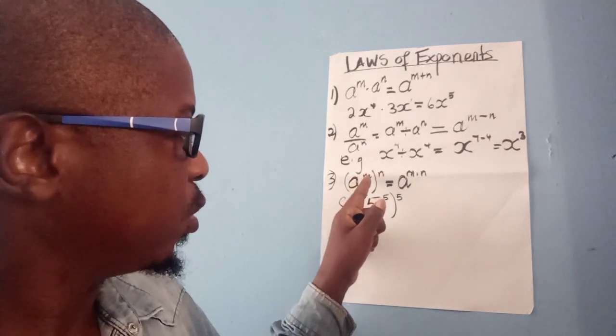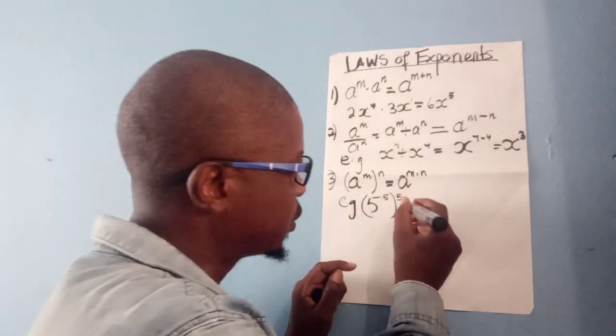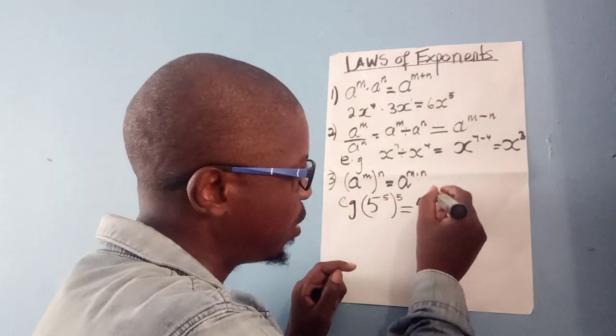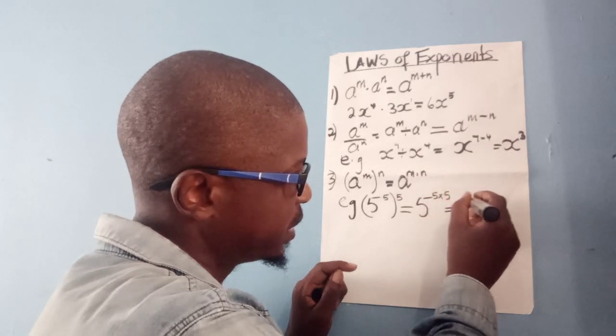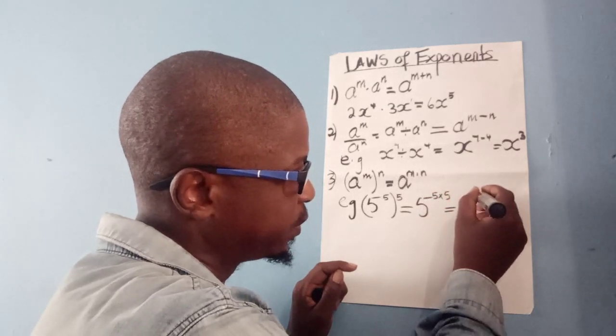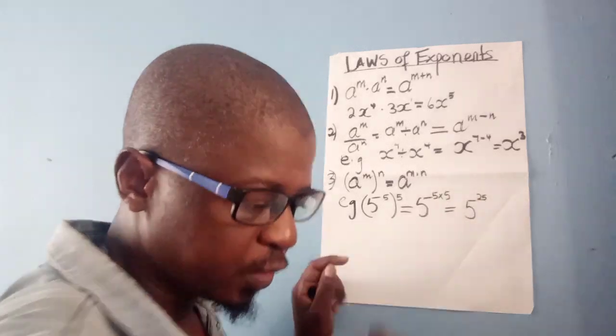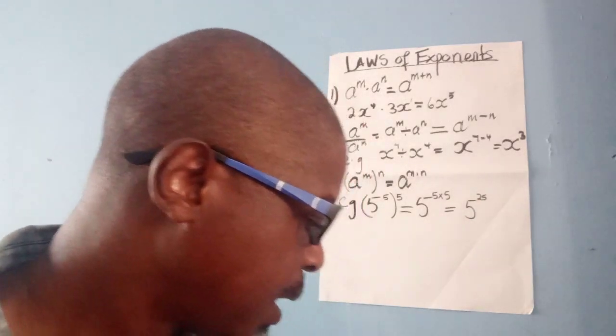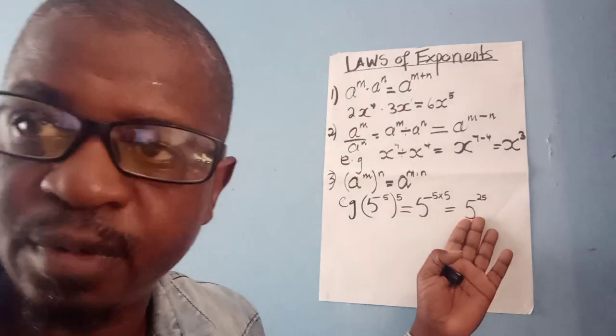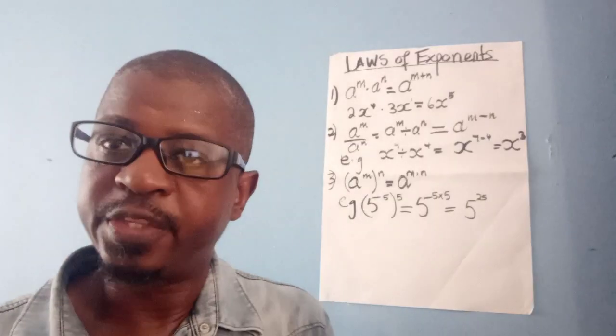So all the same, we're going to multiply m times n. This gives us 5 to the power of 5 times 5, which is 5 to the power of 25. Doesn't look like I have a calculator, but all the same, you can leave your answer in this form.